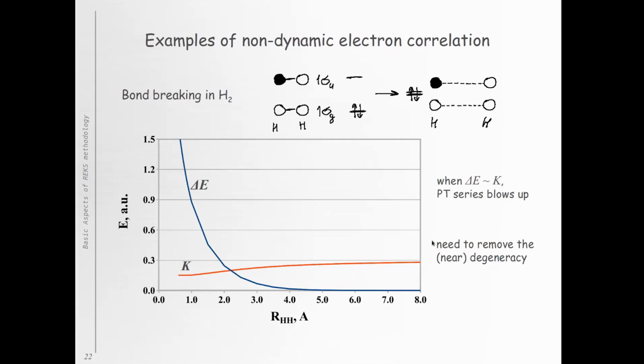And this is not the common case. More common, as we see at stretched geometries of hydrogen, is that the denominator becomes very small and the numerator is still sufficiently large. So what to do in this case?